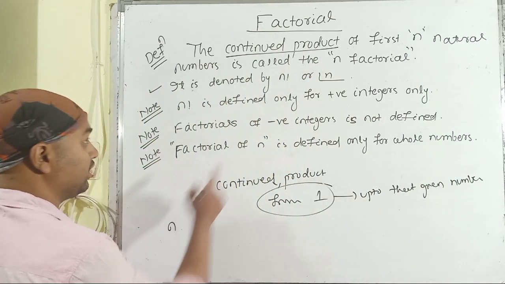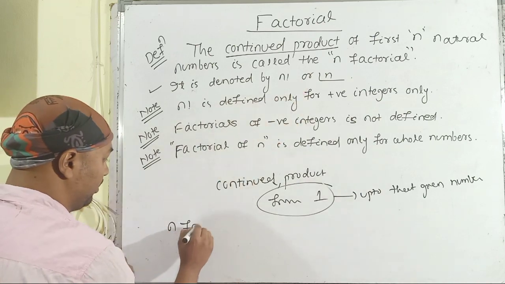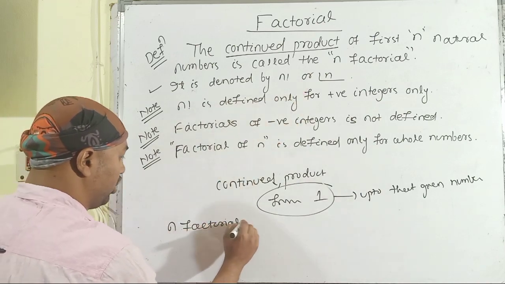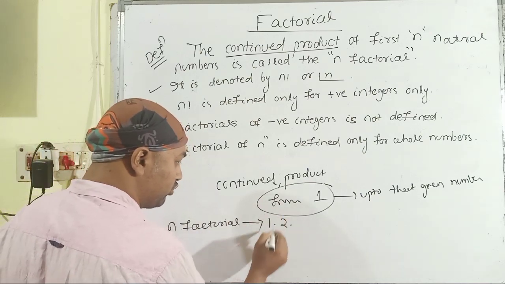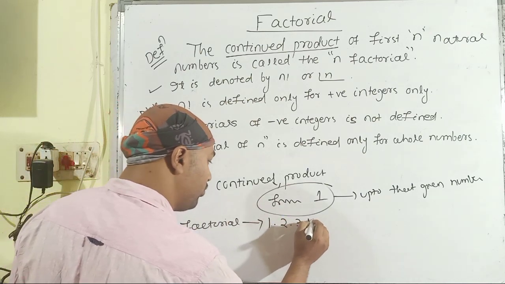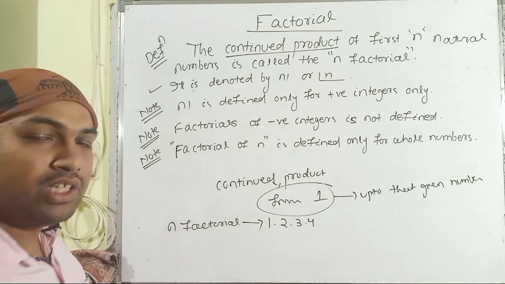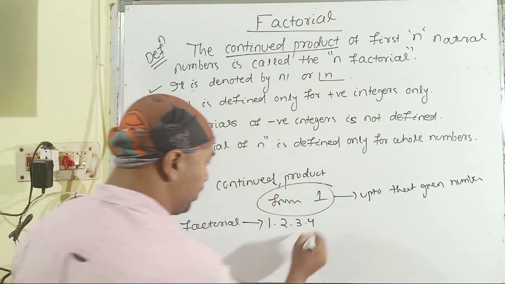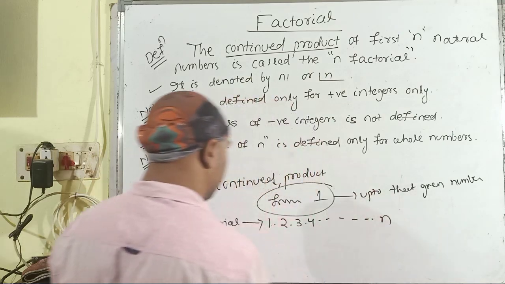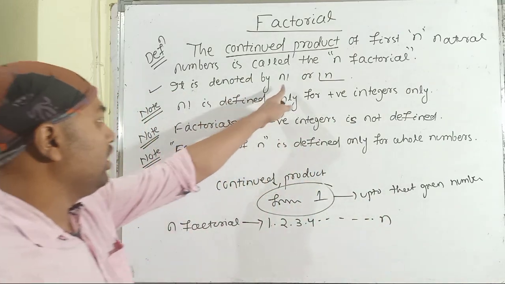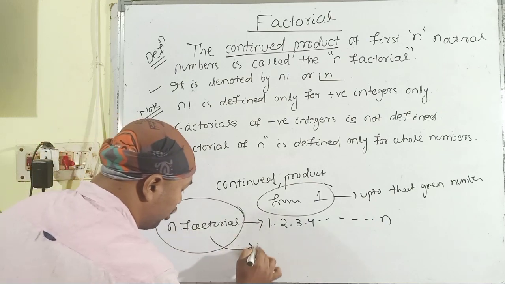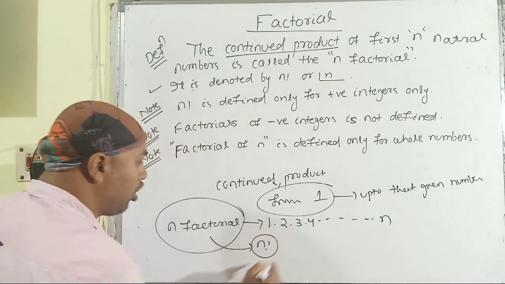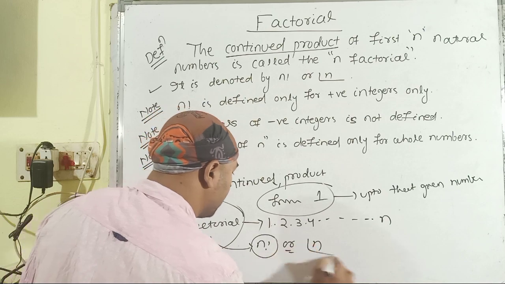N factorial means the continued product of the first n natural numbers 1, 2, then 3, then 4, in increasing order, the set of natural numbers up to that number n. It is shortly denoted by n factorial, by the symbol mathematically, or you can also symbolize it in this manner.